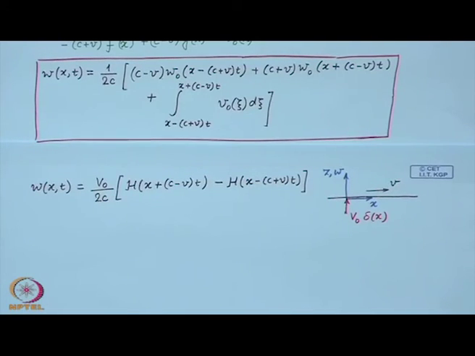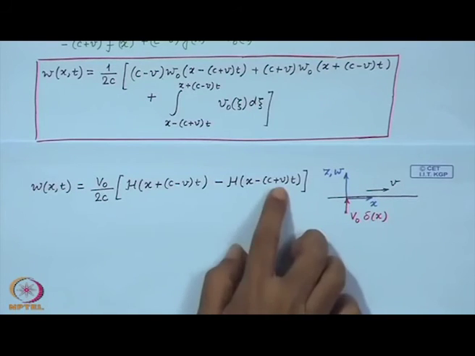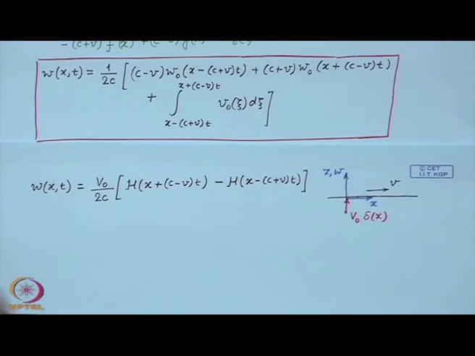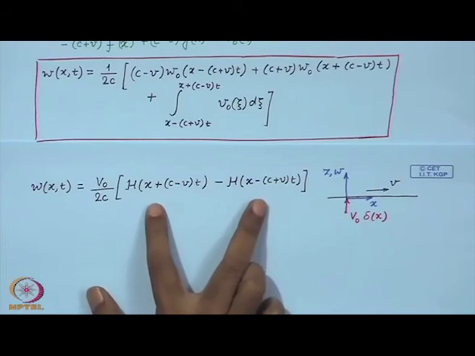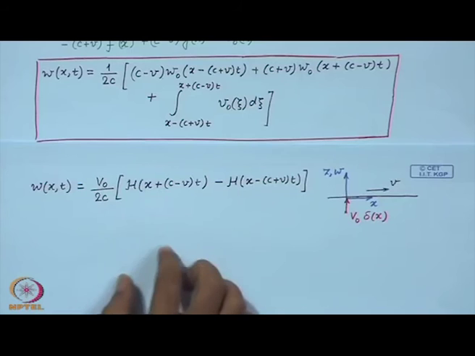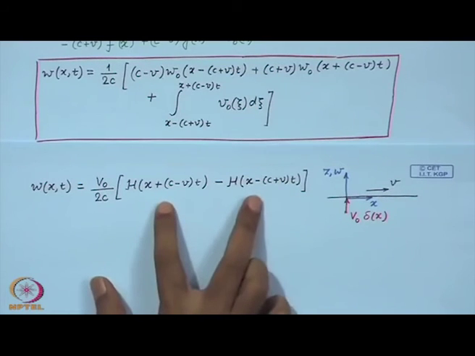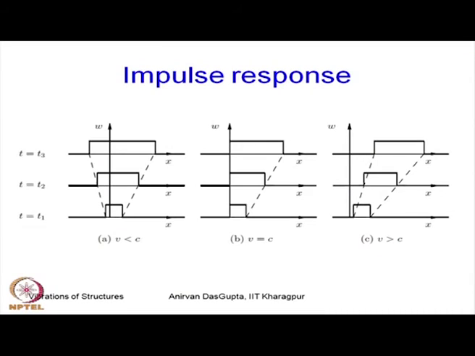Now, let us look at this solution. What happens for different velocity conditions v, let us look at the evolution of this solution as time progresses. You can see that this is a difference of two unit step functions, and as time progresses there is a gap at which this stepping takes place. So, let us look at this figure, where I have considered three regimes.